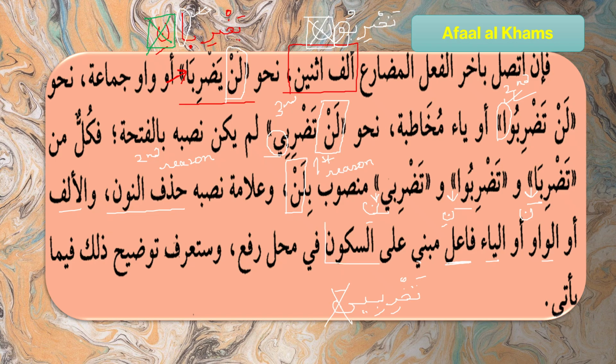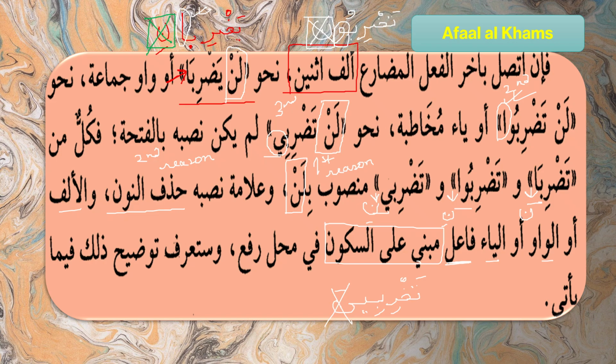So this is the most important point. All these damirs, that is the alif, the waw and the ya, are all mabni ala sukun. Though you will not see the sukun written over the waw, over the alif, over the ya, because these letters don't carry harakats. Fi mahall raf. Why are they raf? Because the damirs are all in the marfu case.